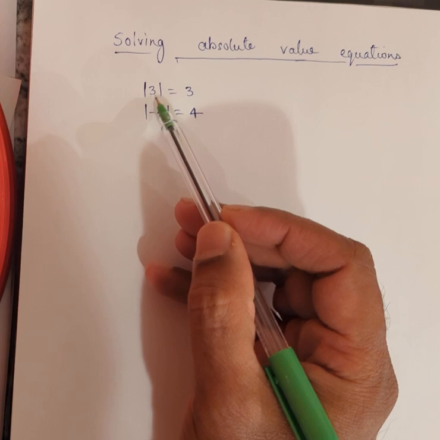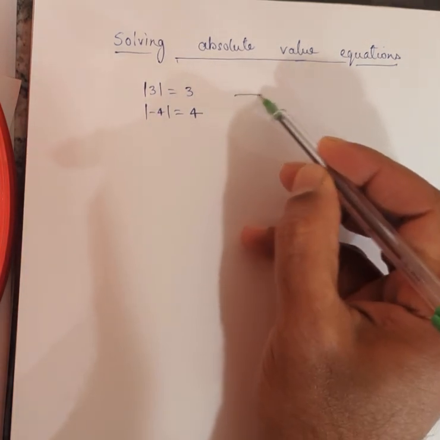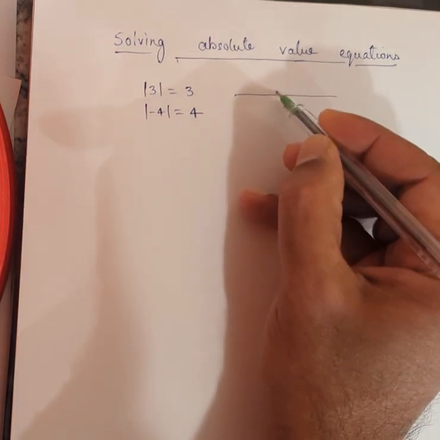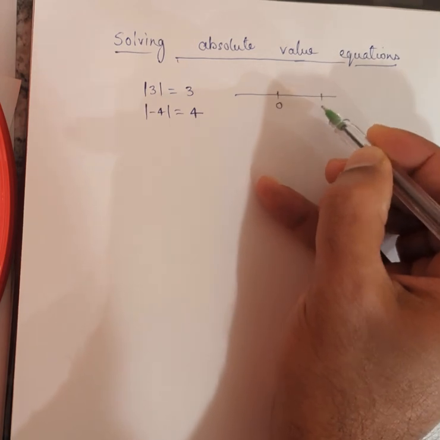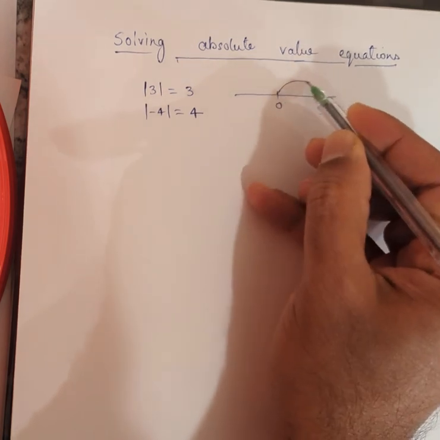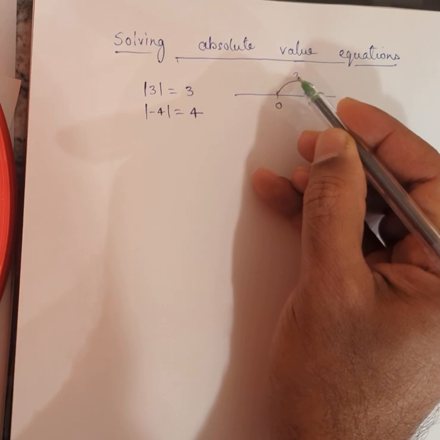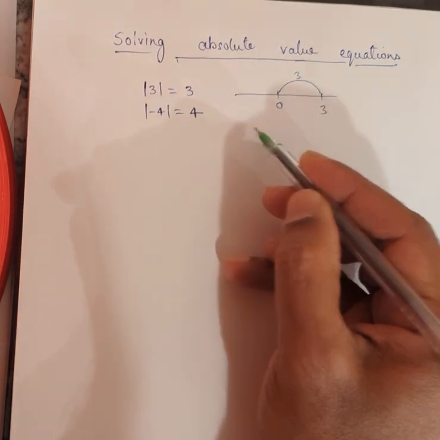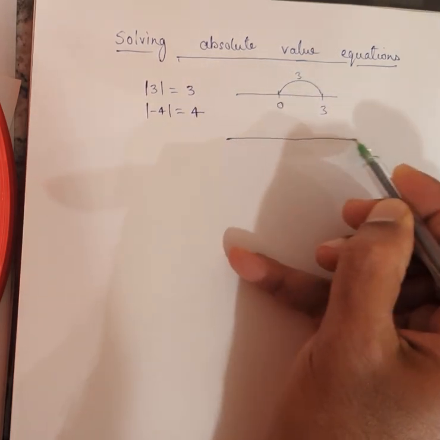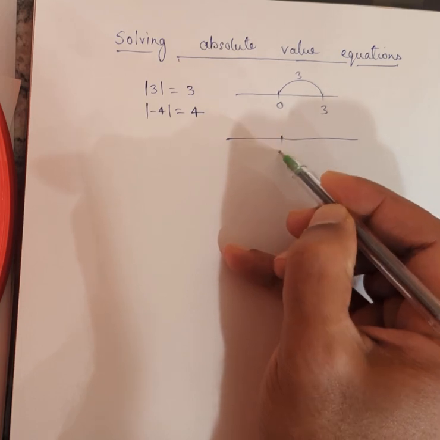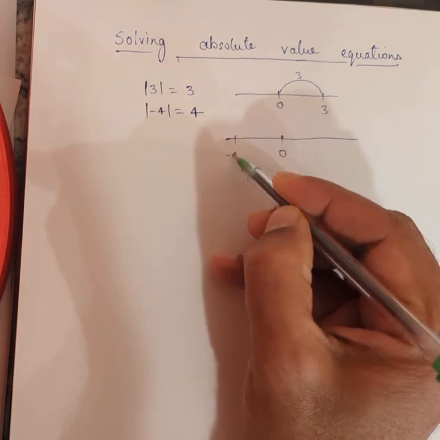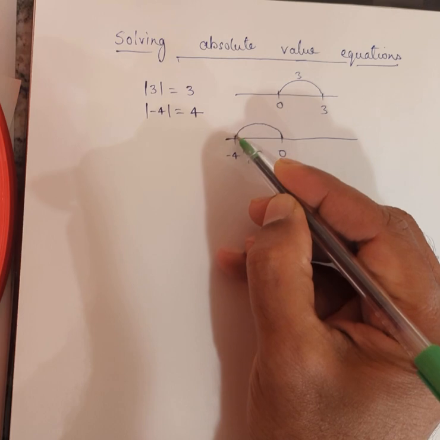Because 3 is 3 units from 0 on the number line. So if this is 0, this is 3, then this distance is 3. And similarly, -4 would be 4 units to the left of 0. So the distance is 4.